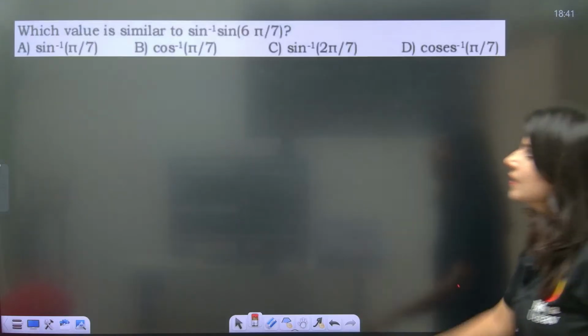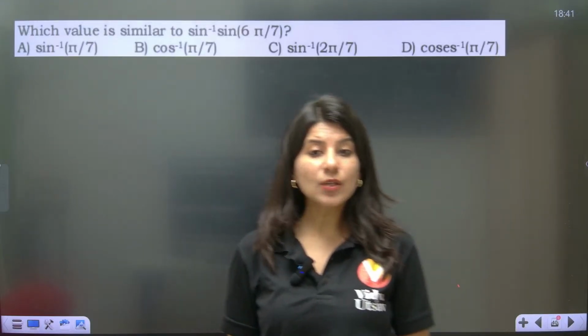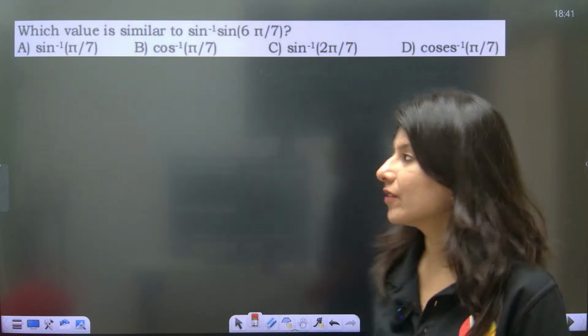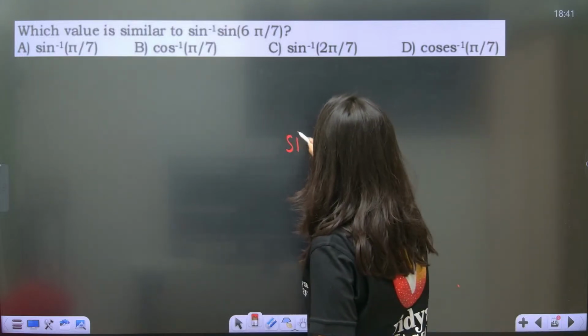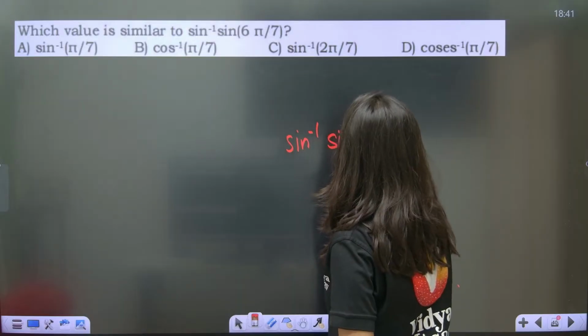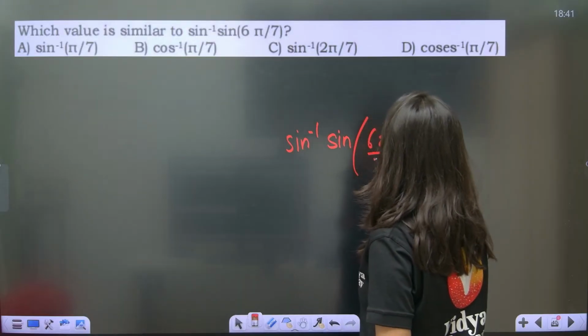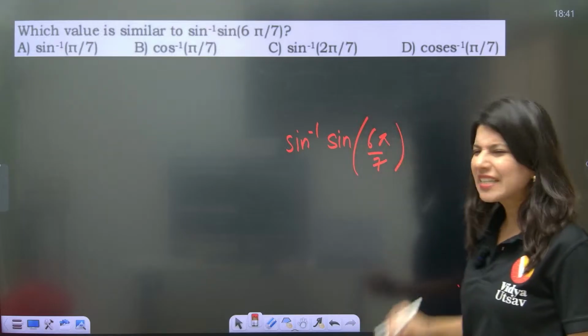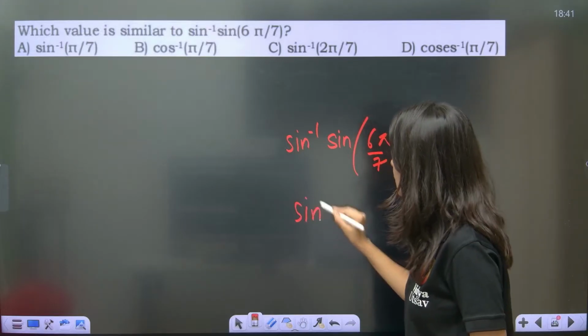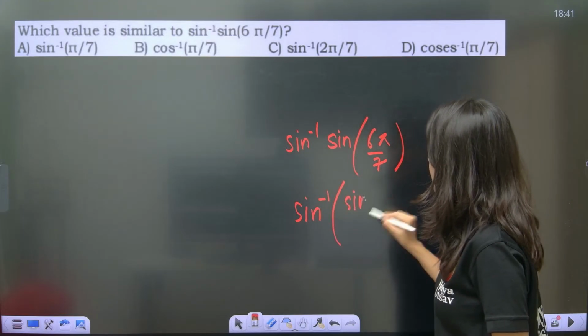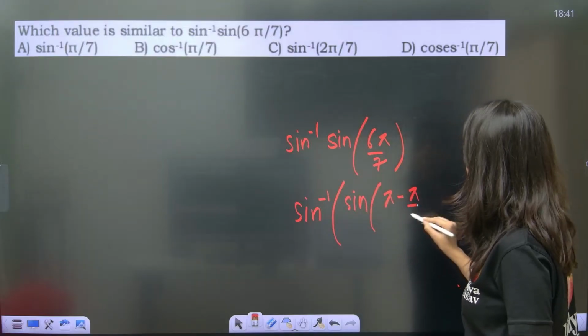Now what about this? The value of sin inverse of sin 6 pi by 7. Let's do it step by step. I know sin 6 pi by 7 will be nothing but sin of pi minus pi by 7.